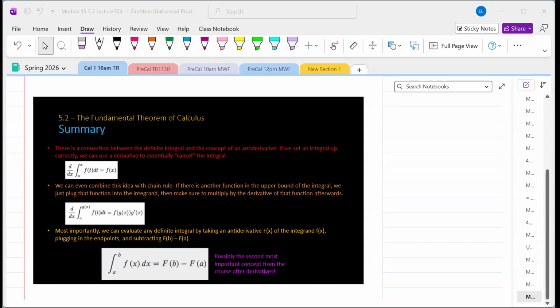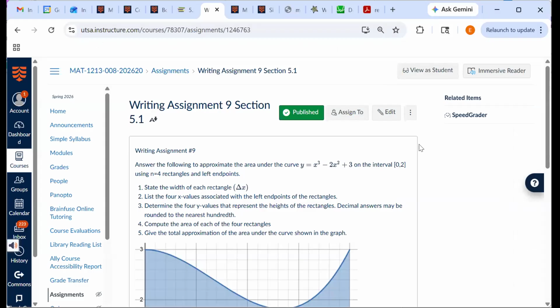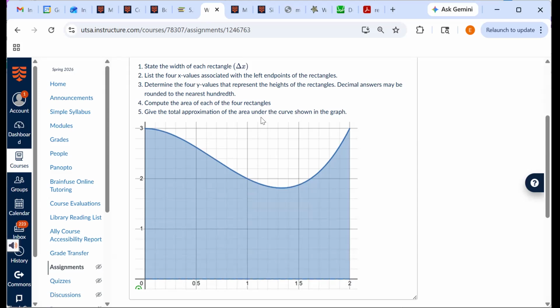So here is the last writing assignment. No, it's not due till Tuesday. So this is just asking you to do a Riemann sum, but it's split out into each of the steps. So you figure out the width of each of the rectangles. I've given you the function here. I've also given you a picture of the function over the interval.